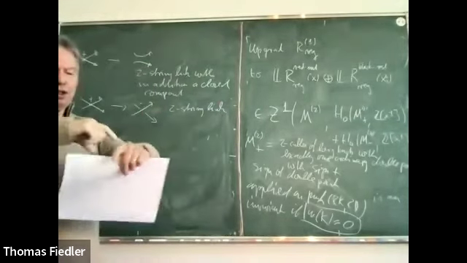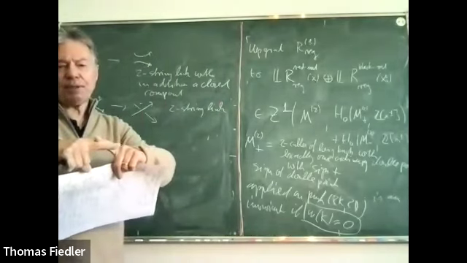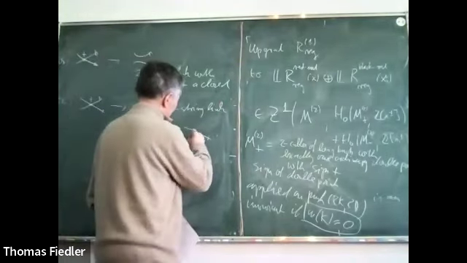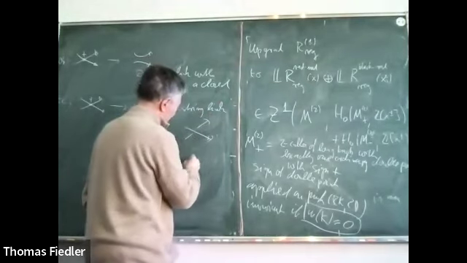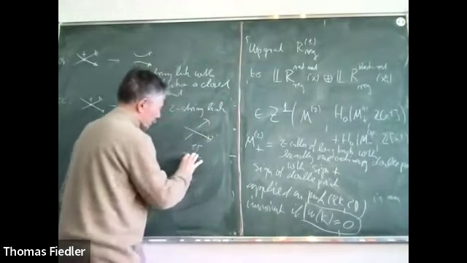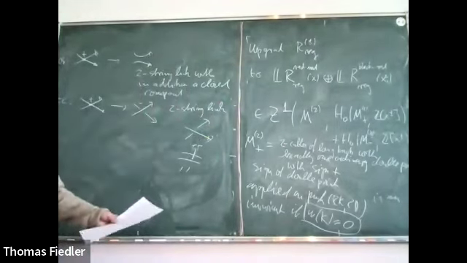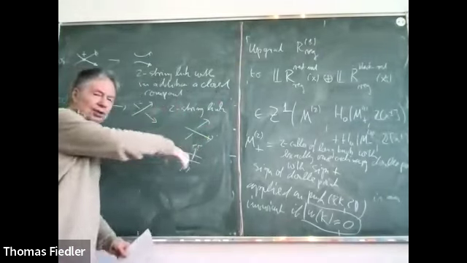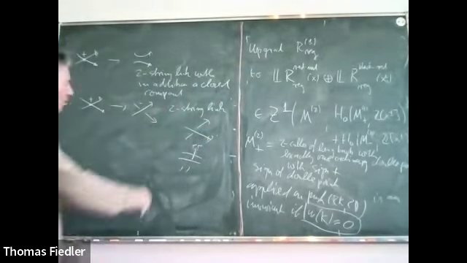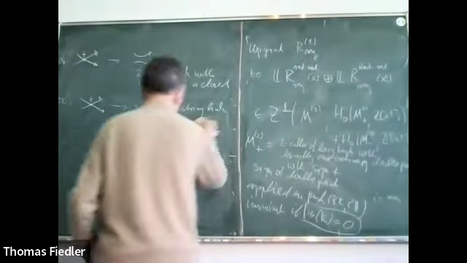We have the two cable of a long knot, and we change one crossing in this two cable. So each crossing of our original knot becomes four crossings, and you just change one. That's no longer a two cable. So the incompressible torus in the complement has disappeared. So this is a two string link which is no longer a two cable.